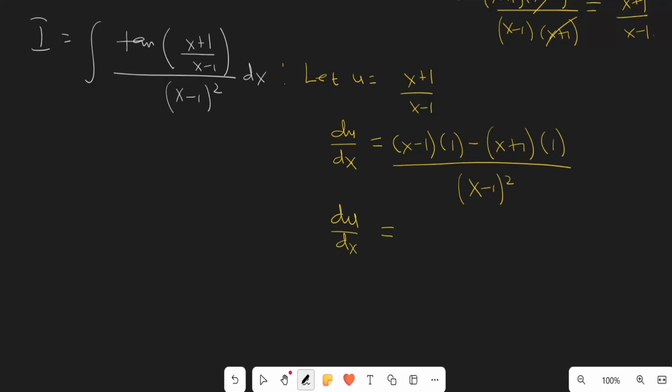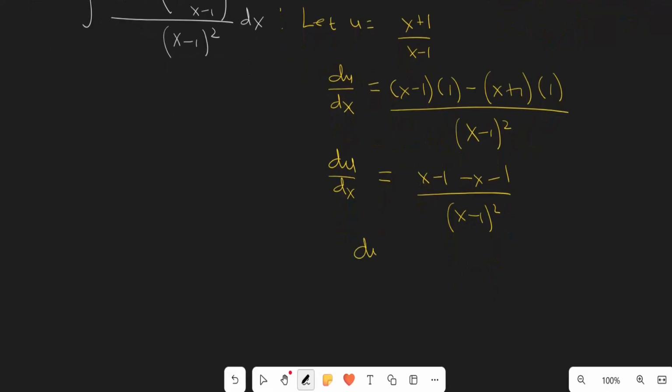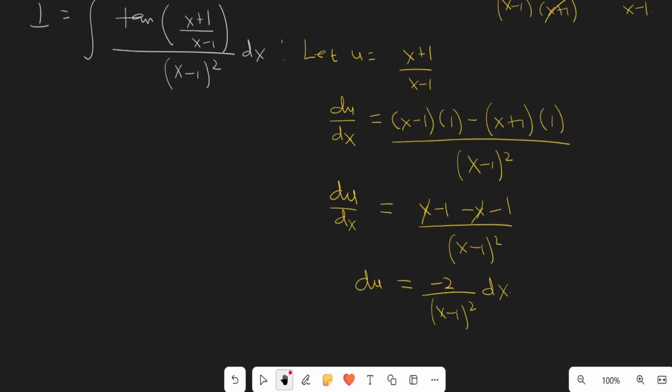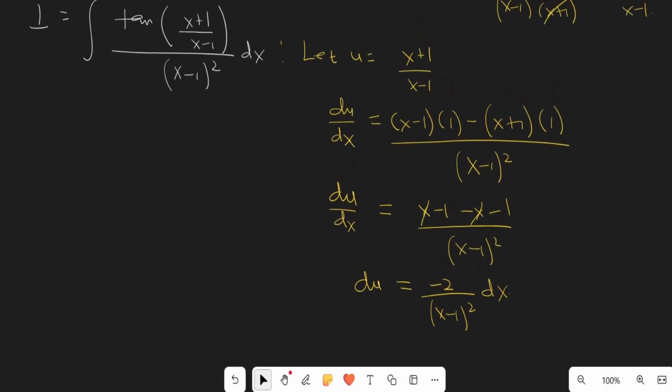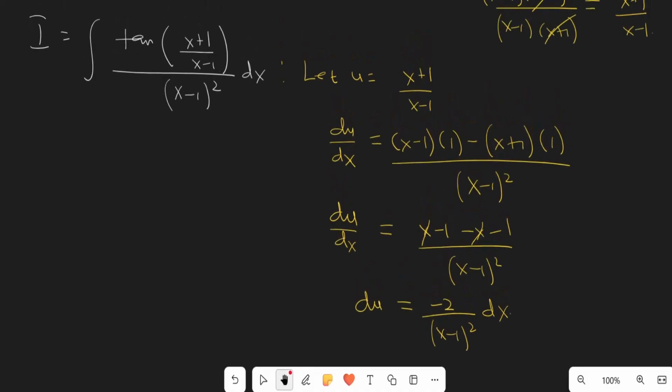This one is (x minus 1) minus (x plus 1), so we are left with (x minus 1 minus x minus 1) all over (x minus 1) squared. That implies that du is equal to, this cancels that, negative 2 all over (x minus 1) squared dx.